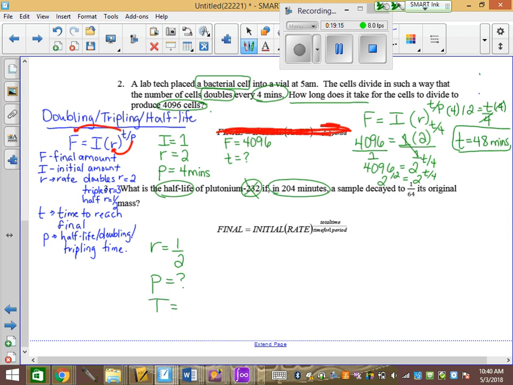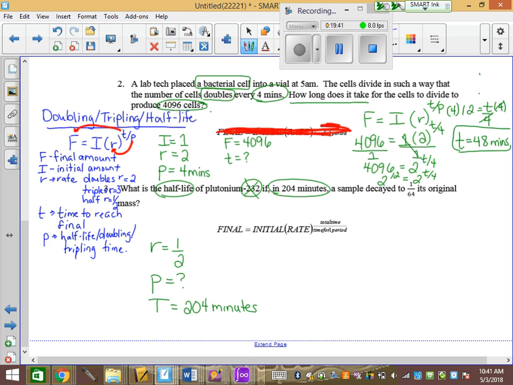It's time. It's not your P. P is how long it takes to half, triple, or double. Does it say that it halves in 204 minutes? No. If it doesn't say it halves, doubles, or triples in this time, they gave you T. Okay? So this one doesn't say it has a half-life of 204 minutes. It says, what is the half-life if in 204 minutes a sample decayed?